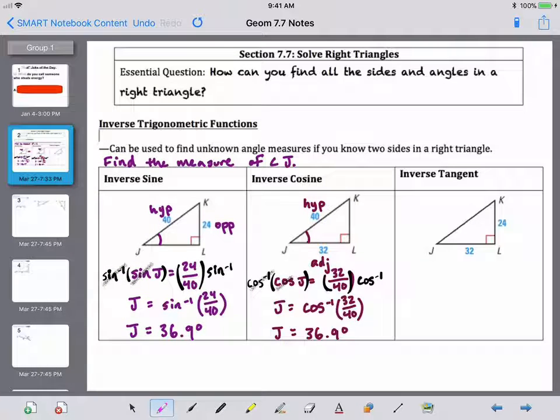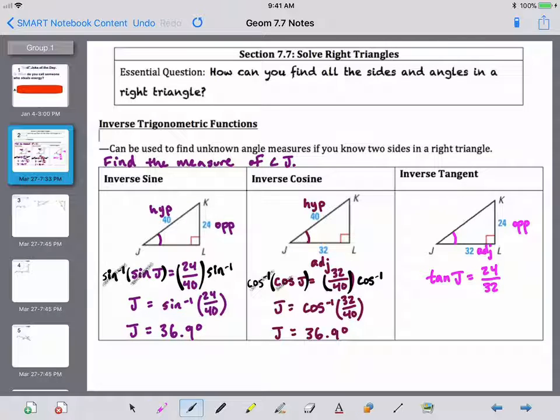Lastly, we're going to find the measure of angle J. Notice this 24 is opposite angle J, and the 32 is adjacent. If you remember, that means we have to use the tangent function. The tangent of angle J is the side opposite over the side adjacent.